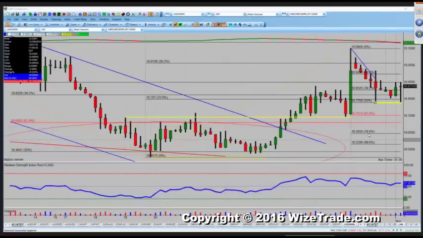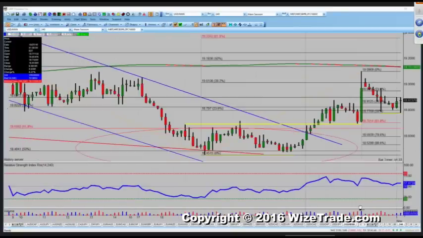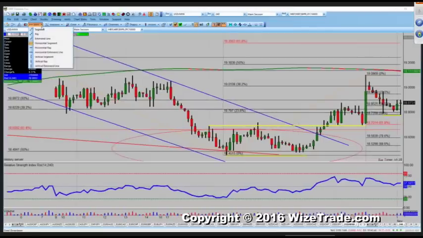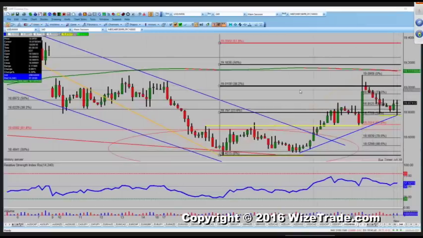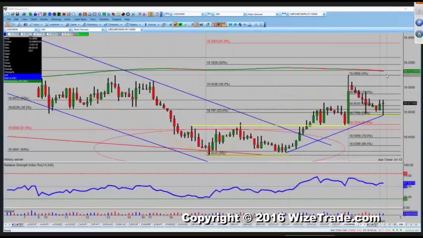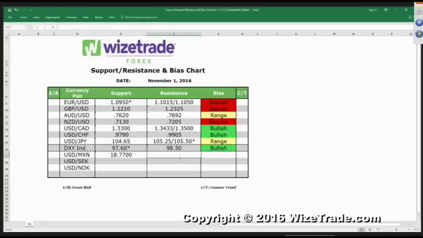And resistance is all the way up here at 19.10. We are in a range.